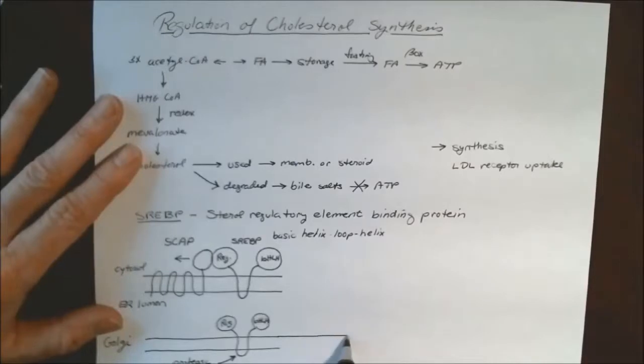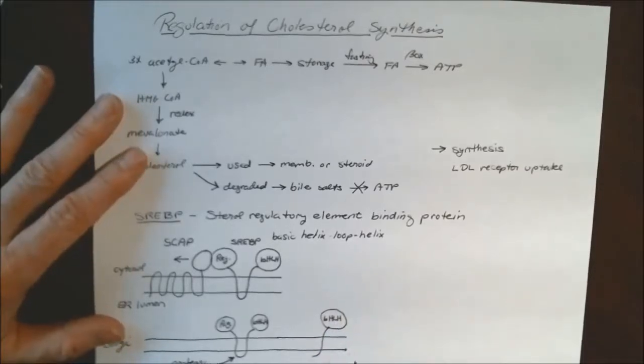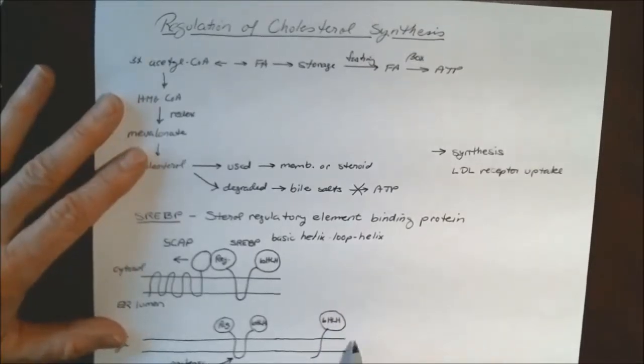What happens next is that this portion of the beta helix loop structure now migrates away from the regulatory domain, and it becomes accessible to another protease.